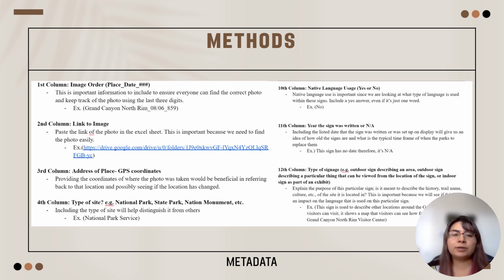Unfortunately, we were having some trouble with the GPS coordinates, so we don't have that for the photos or the sites, but it would be great to have that in the future. Also noting, did that sign include native language? Did the sign go through a similar pathway in terms of the park? And looking at what kind of sign it was, what did it describe? Those are just some of the columns I had there.